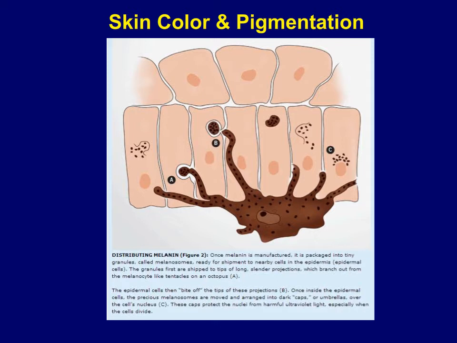Now, of the three pigments, melanin is the only one that actually helps to protect our cells and our tissues from UV radiation. And as you probably already know, there is a genetic difference in the production and amount of melanin in peoples throughout the world. For example, people that live at latitudes very close to the equator tend to be darker complected.